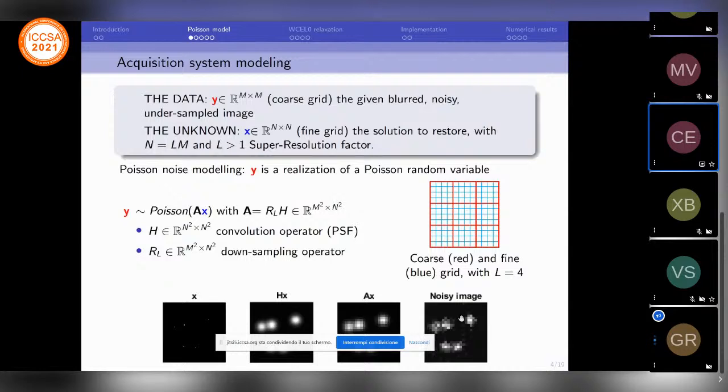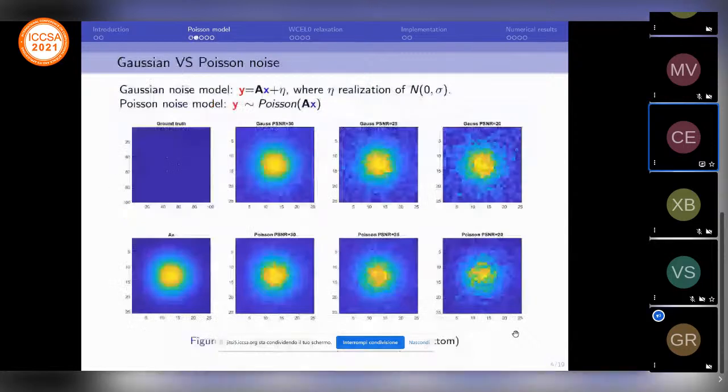At the bottom you can see the solution x and the data, the noisy image, on the right. Difference between Gaussian and Poisson noise: you can see in the first column at the bottom that the three small molecules are completely impossible to discriminate, because the convolution looks like a Gaussian or one source.